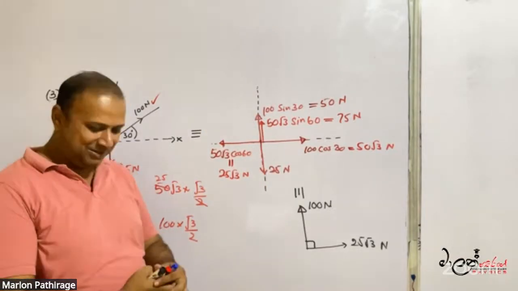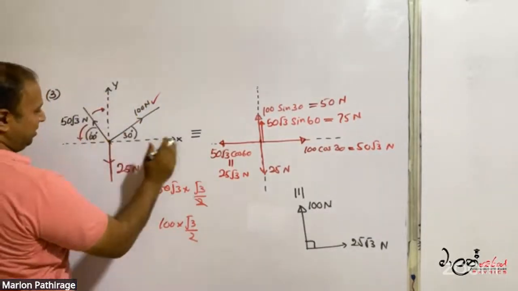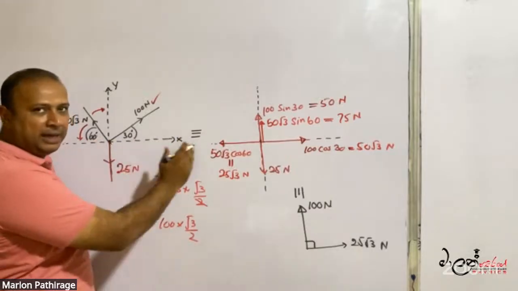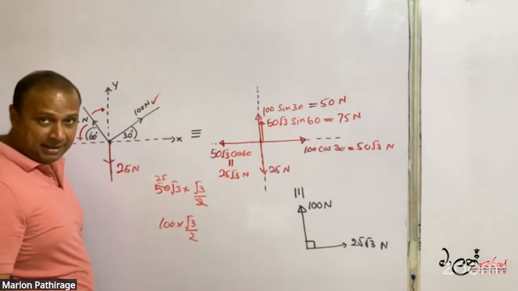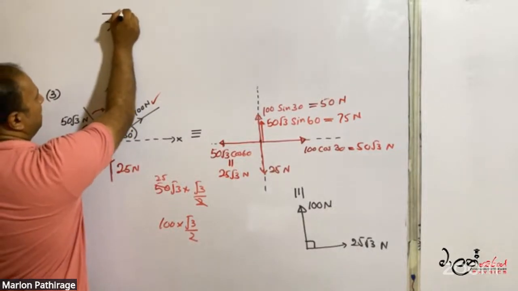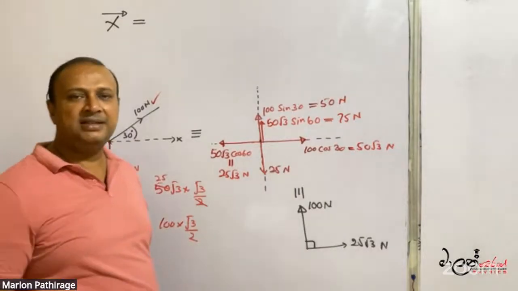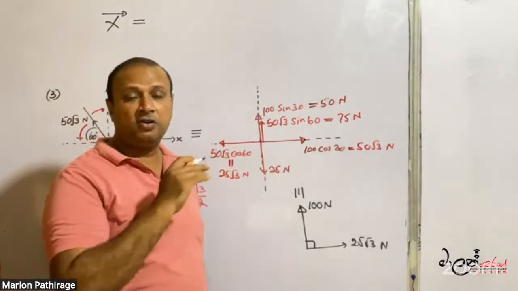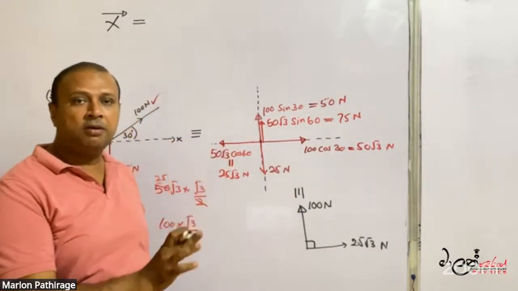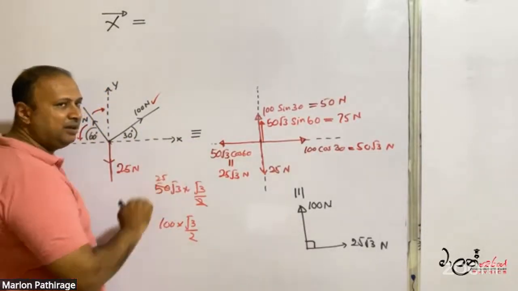You have to consider a direction. Suppose I have taken the right hand side of the x direction and take the resolved component of each and every force into that direction.